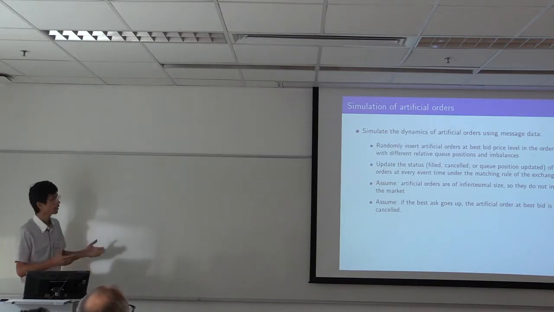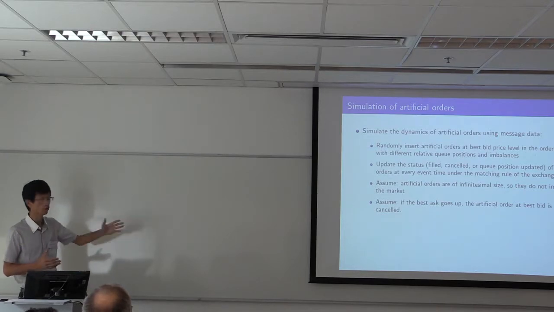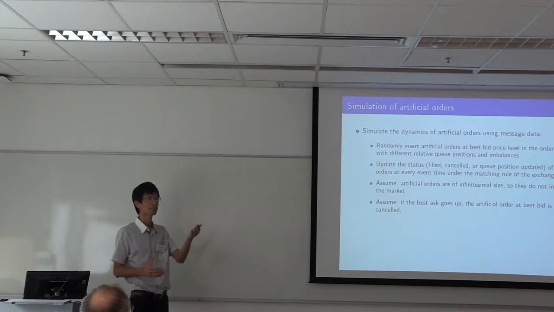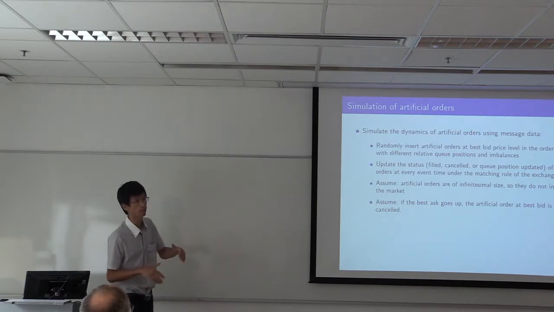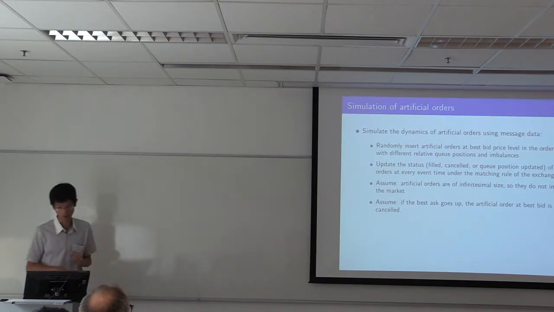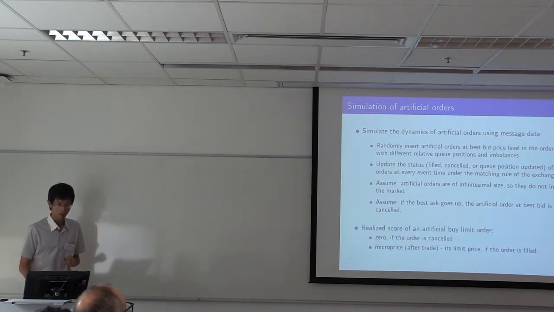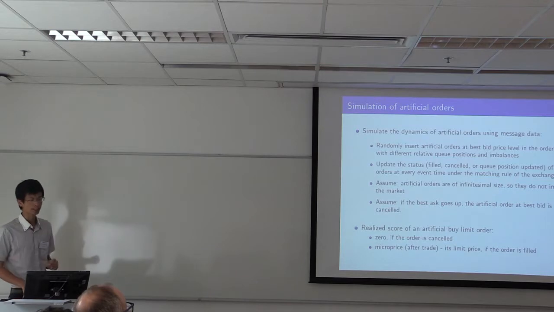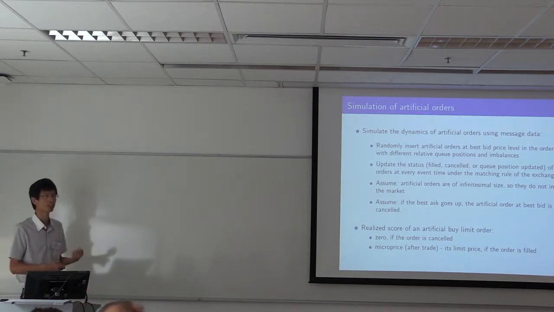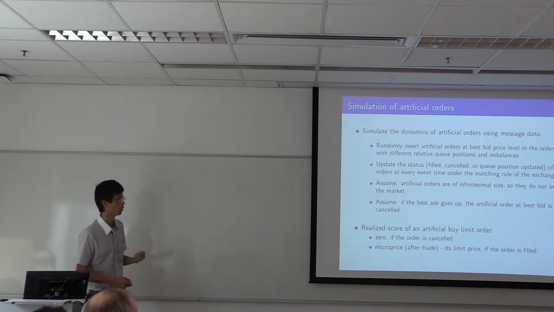And second, particular to our problem, for simplicity I'm going to assume that if the best ask price moves up, then the best bid order that I placed will be cancelled. Then once we have this market simulator, you can compute the realized score of an artificial buying order.